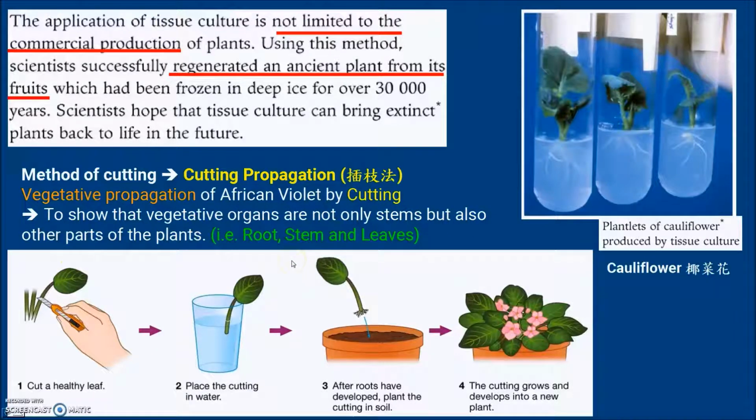But in our book, we only focus on the stems, for example the stem tubers, the rhizome, the corm, and also the bulb. We only focus on stems, but it doesn't mean that vegetative organs are all stems. They can be roots, they can be leaves. But the method is also under this big term, vegetative propagation.